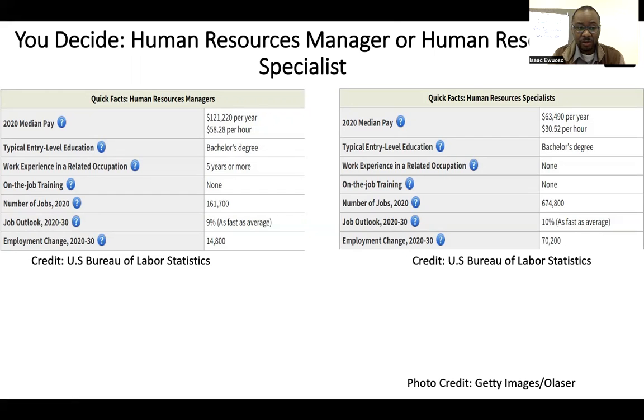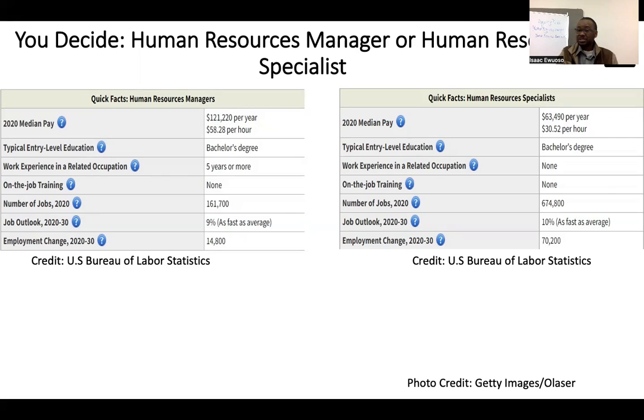In terms of the job outlook, from 2020 to 2030, the projection is 9%. Now, for human resources generalists, it's 10%, just 1% over human resources manager. In terms of employment change, 14,800. Now, this pales in comparison to human resources generalists, so we have 70,200.